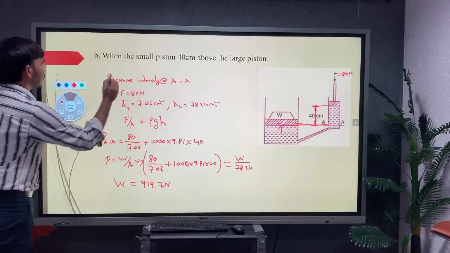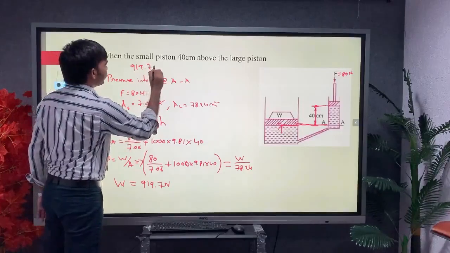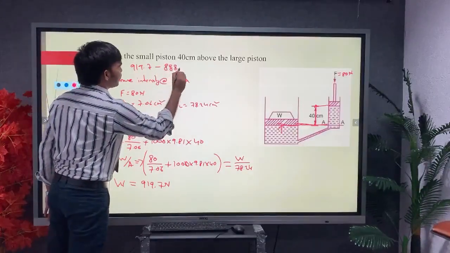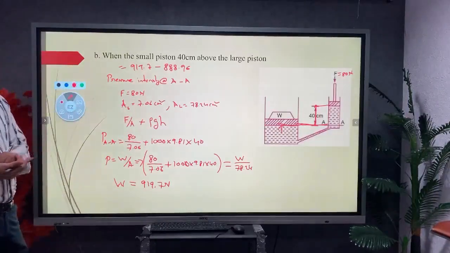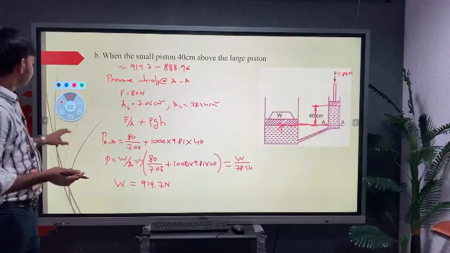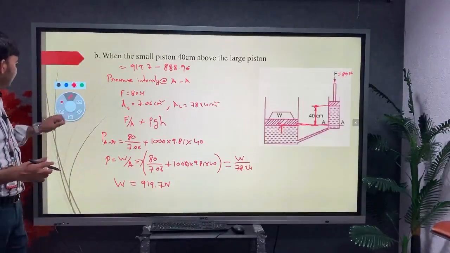It will be 919.7 minus 880.96, right? This is the weight lifted because of the difference of liquid levels. I hope you understood this problem.